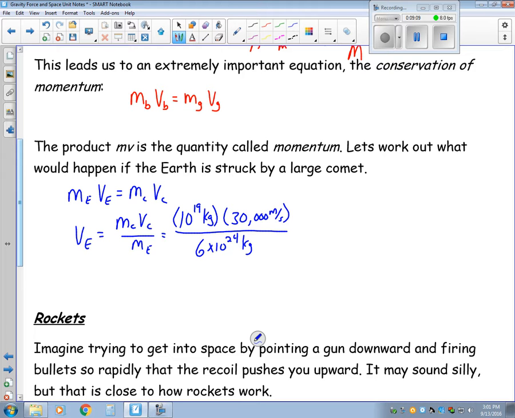Earth's mass is right around 6 times 10 to the 24th kilograms. So that means that the Earth will have a velocity of 0.05 meters per second after being struck. That comes out to right about 2 inches per second. You would not notice it.